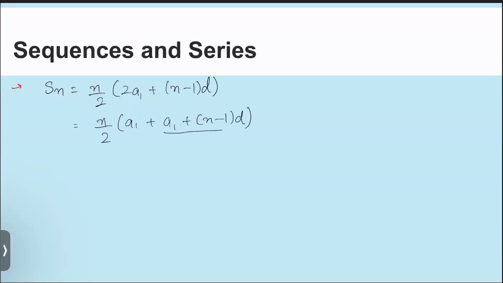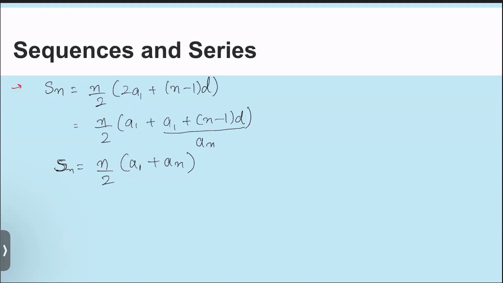So now you can see that this is actually in the form of an. So this comes down to n by 2 times the sum of the first term plus the last term. Okay, so if you have your first term and your last term, you can easily find the sum of the sequence that is given to you.